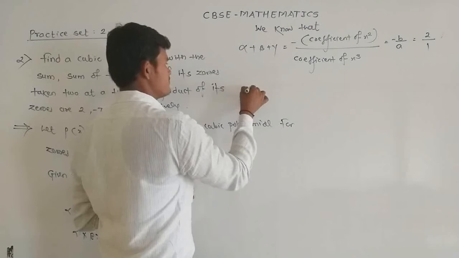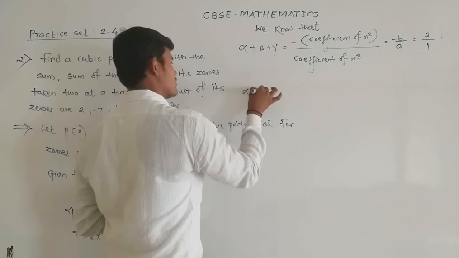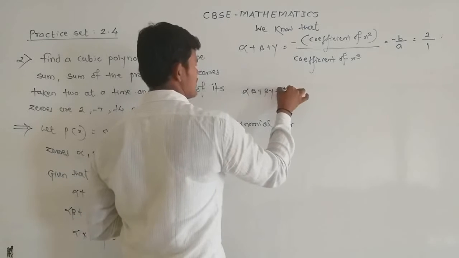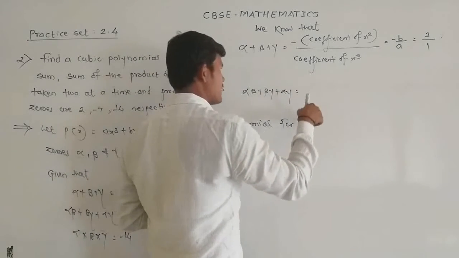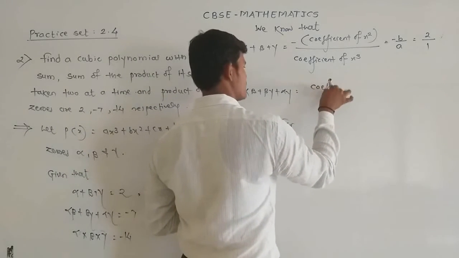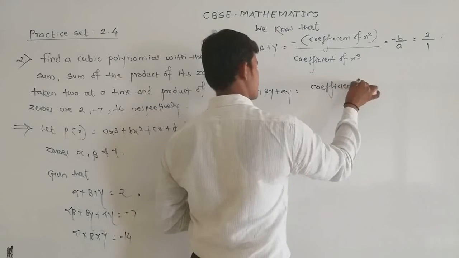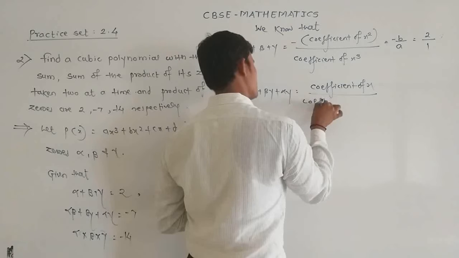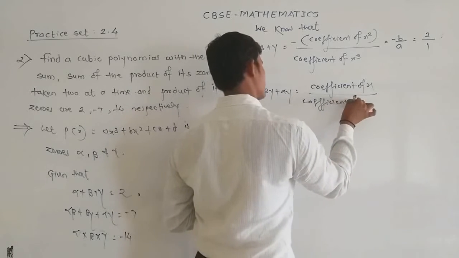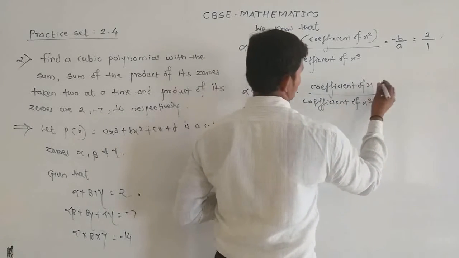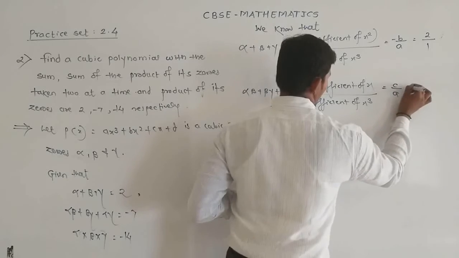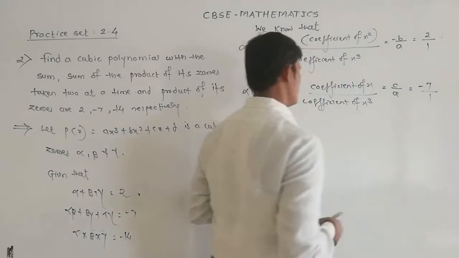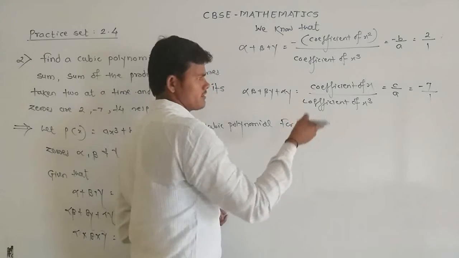Also given that the sum of products of zeros two at a time, that is c by a, that is coefficient of x divided by coefficient of x cube, is nothing but c by a. So its value is minus 7 divided by 1, that is minus 7 by 1.